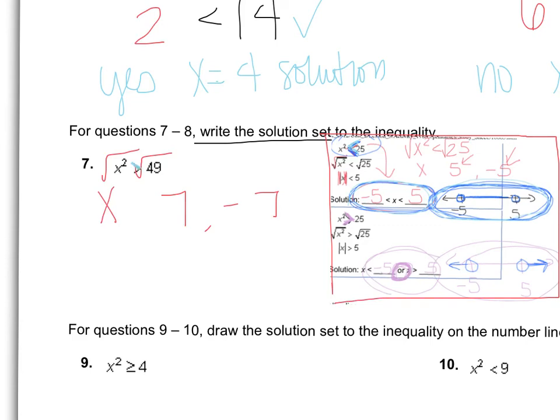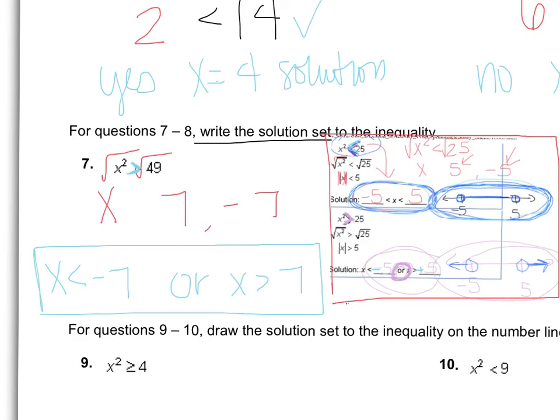Well, this sign is a greater than sign. So that tells me I'm going to have an "or" in my answer. So it says that x is less than, and then it had the negative number there, so negative 7. And then it said x is greater than, and this one side was the positive number, so positive 7. So that would be my solution set: x is less than negative 7, or x is greater than positive 7.